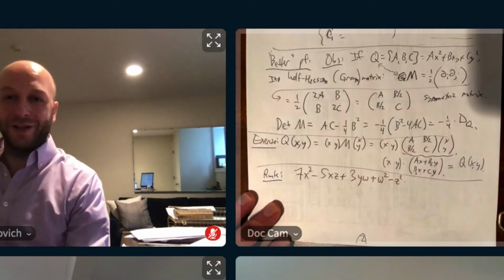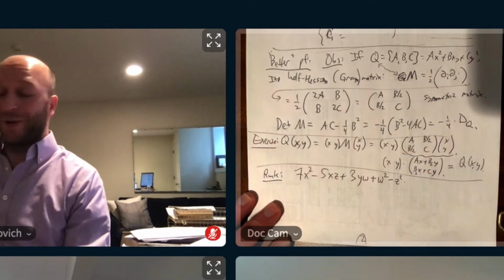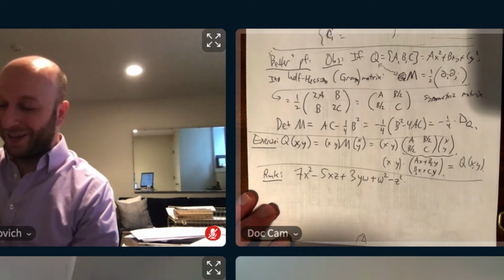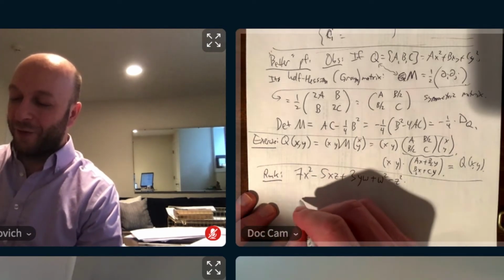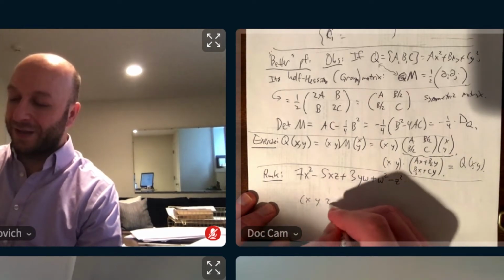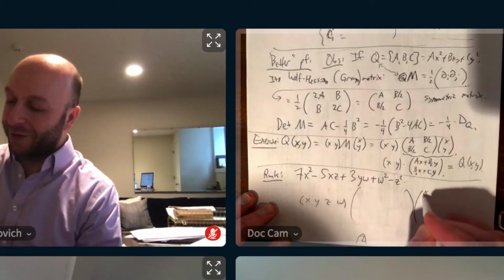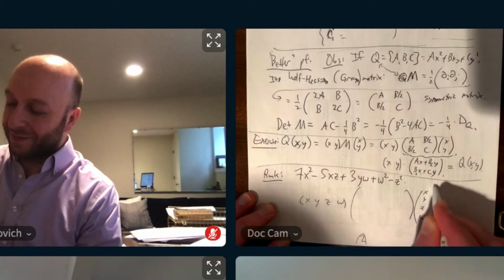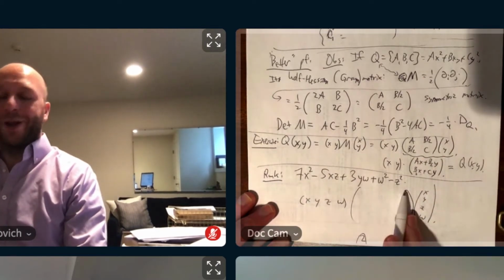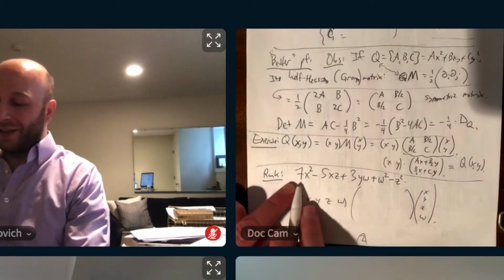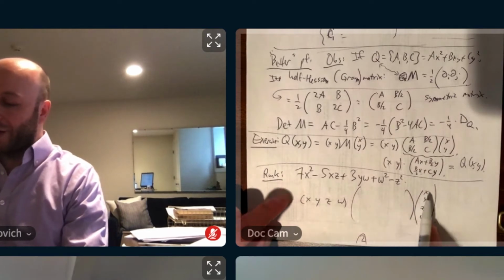Here's a random quadratic form. I want to realize this quadratic form as the product of x, y, z, w times a matrix times x, y, z, w. And it's very easy to read off how to do this, with a factor of 1/2.